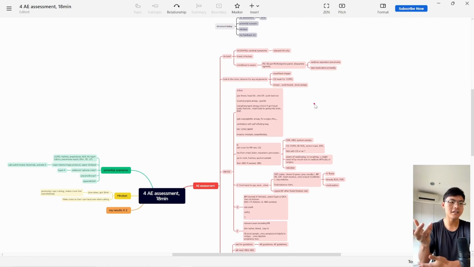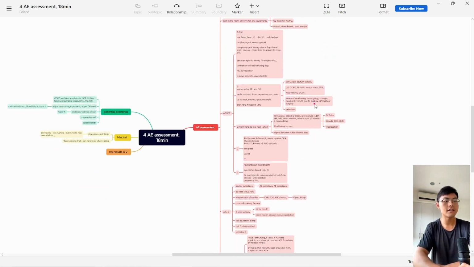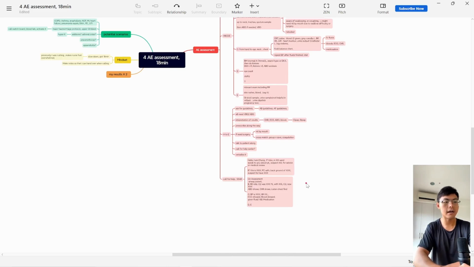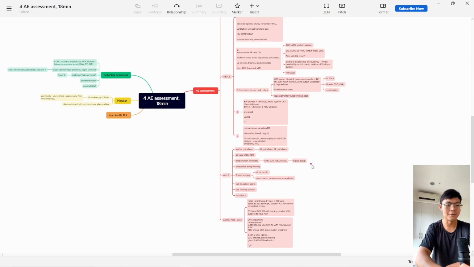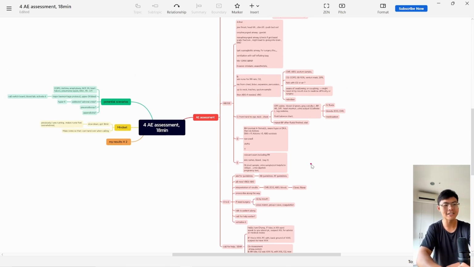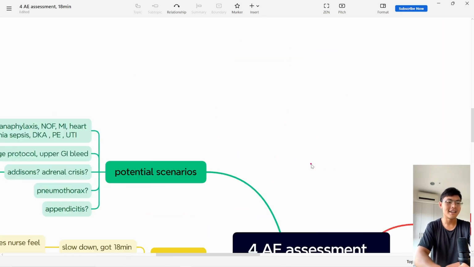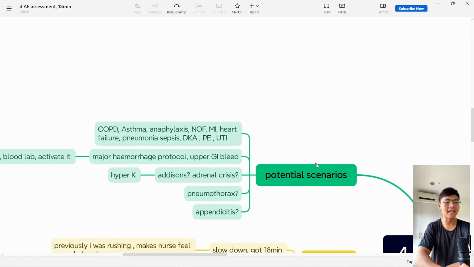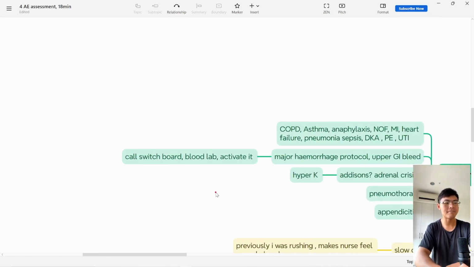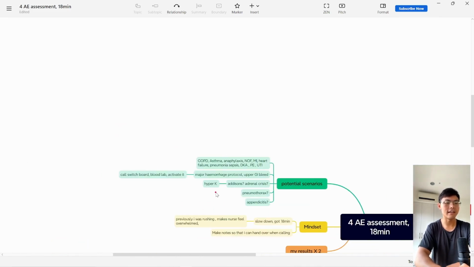You can say it's long, it's not that long either. For me, I usually finish in around 12 minutes, I think. So I still have time for the examiner to interrogate me or ask all kinds of random questions. Going on to the potential scenarios, these are the things I think might come out in your exam.